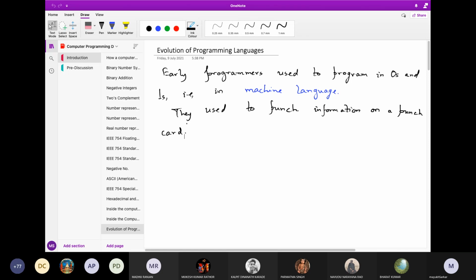So in today's world, our jobs are extremely easy compared to those 40s and 50s programmers, because they directly used to write the programs in terms of zeros and ones.